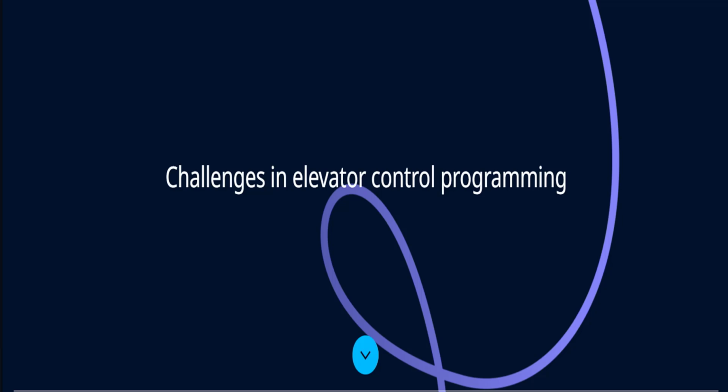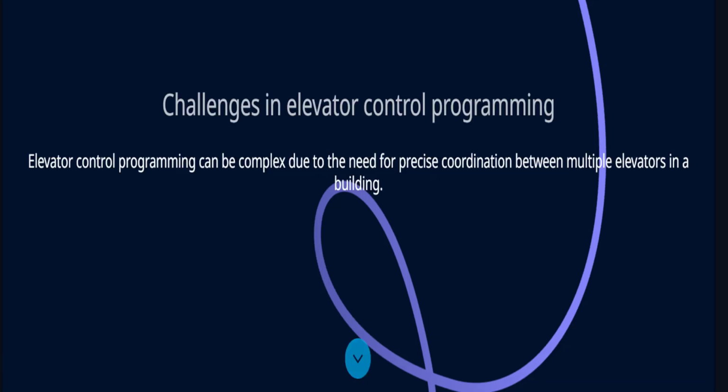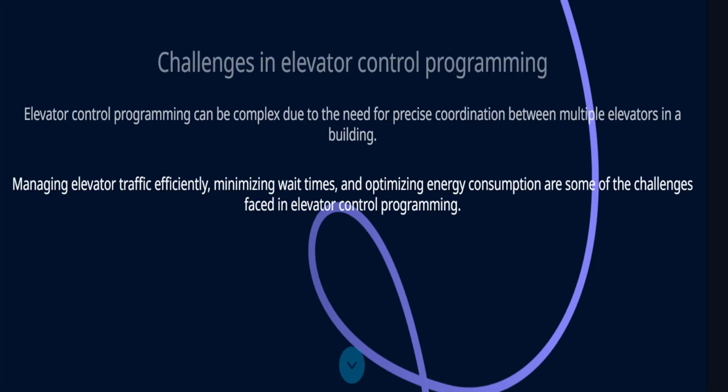Challenges in elevator control programming. Elevator control programming comes with several challenges. Coordination between multiple elevators. In buildings with several elevators, the system must be programmed to ensure that all elevators operate in coordination, reducing wait times and avoiding unnecessary stops at floors. Managing elevator traffic.